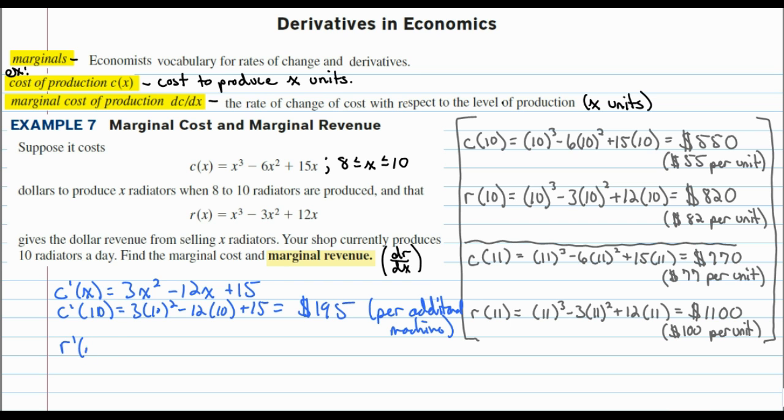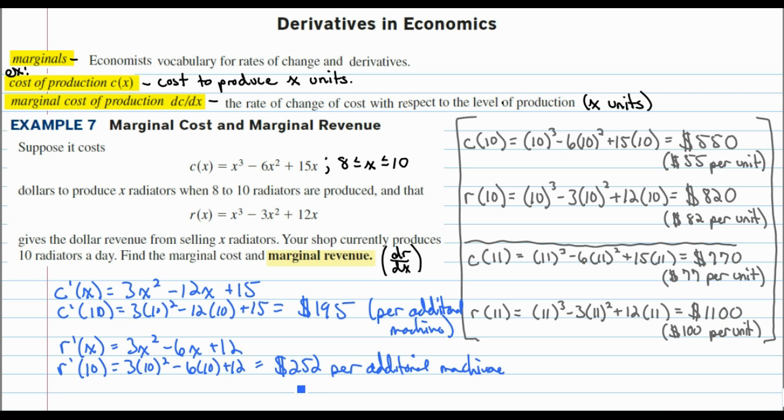Now the marginal revenue, R prime of X, is going to be 3x squared minus 6x plus 12. So the revenue for producing 10 radiators will be $252 per additional machine. So what this is saying is, using our marginal, the cost of 11 machines would be the cost of 10 machines, $550, plus $195, which would be $745 total dollars.